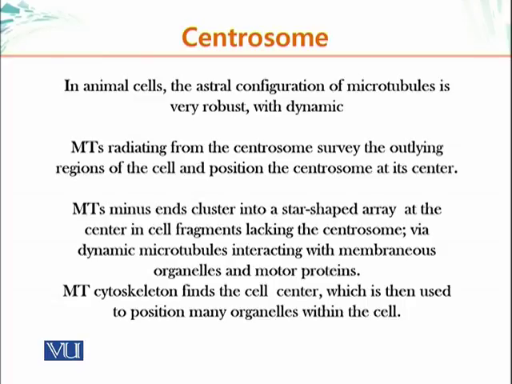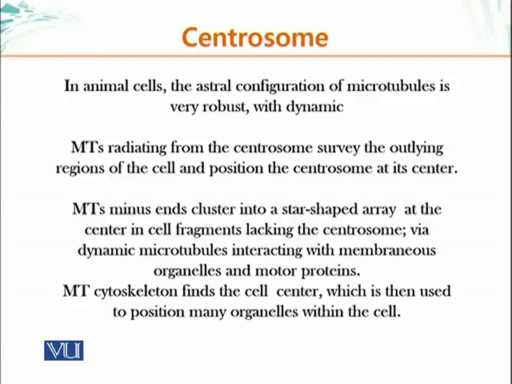We just watched a movie which proves this point. Microtubules radiating out from the centrosome also survey the outer regions of the cell, and they can position the centrosome in the center of the cell. So you always see centrosome in the center of the cell. I will show you an experiment in the next slide, how centrosome is placed in the center of the cell.